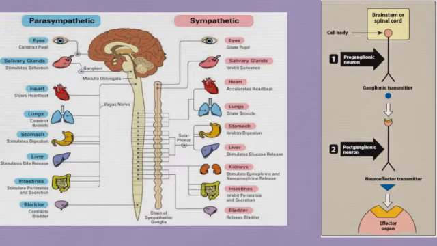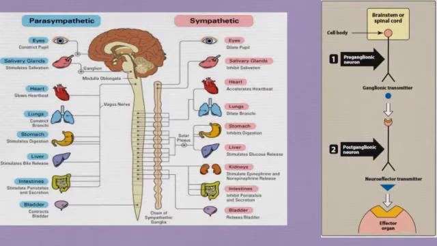What is a ganglion? It is a collection of nerve cell bodies located in the peripheral nervous system. And now you can see the postganglionic neuron. The cell body of the postganglionic neuron originates in the ganglion, while that of the preganglionic neuron originates from the brainstem, as you can see in this figure.